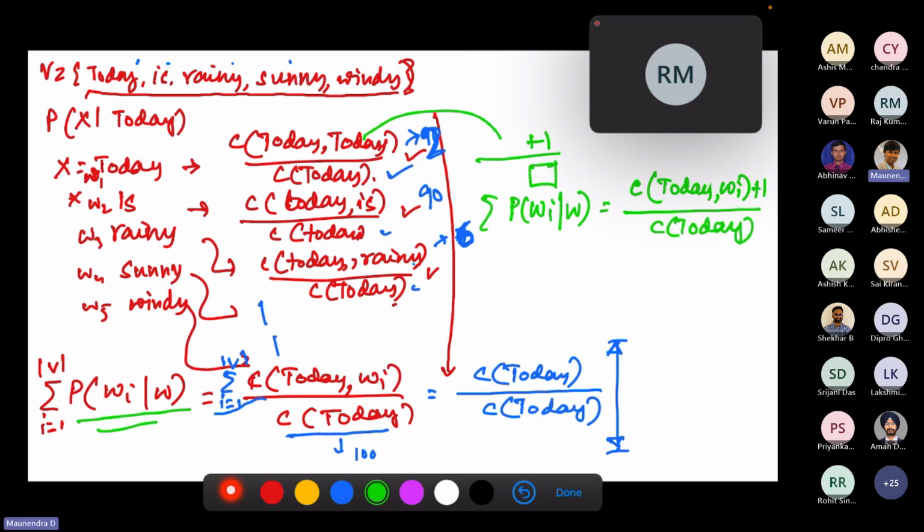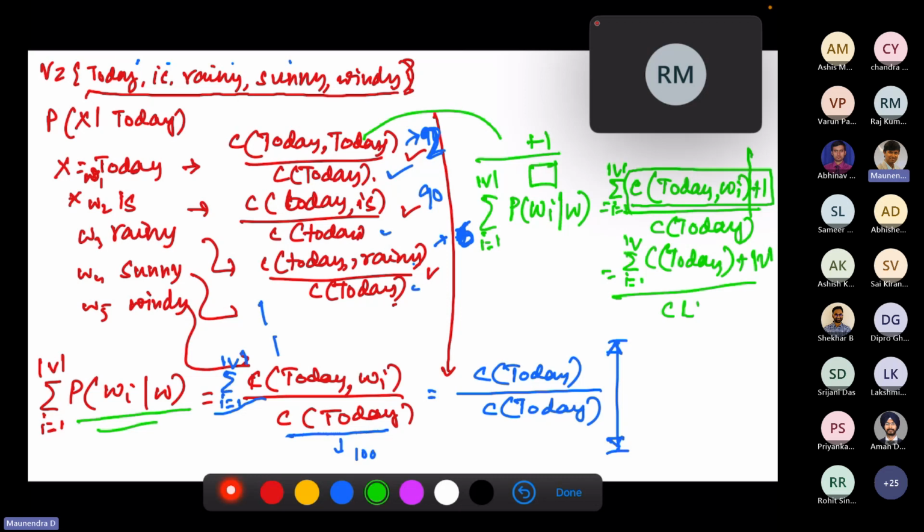Now again, if we do the summation from i equal to 1 to V, let us push this summation here, so the entire thing is inside the summation. This becomes, for i equal to 1 to V, count of today plus this 1 being added this many times, V, divided by count of today.